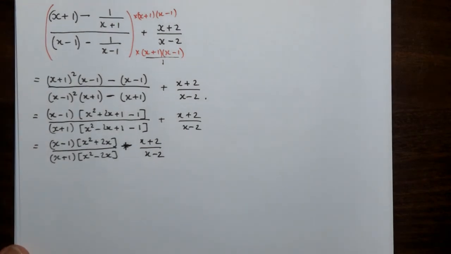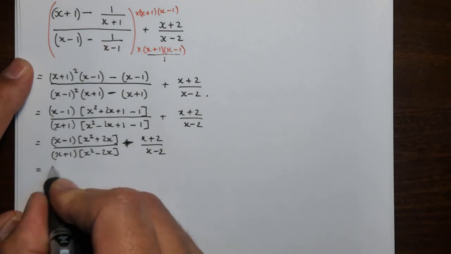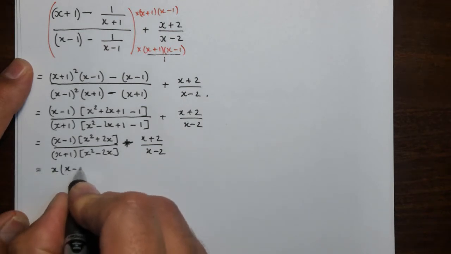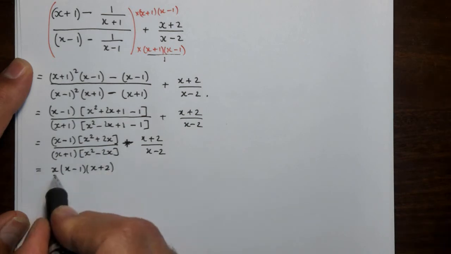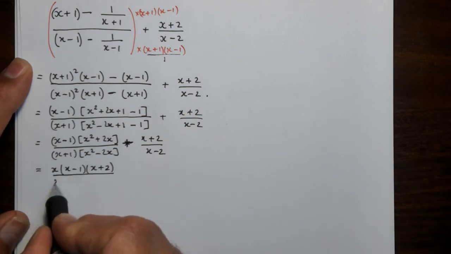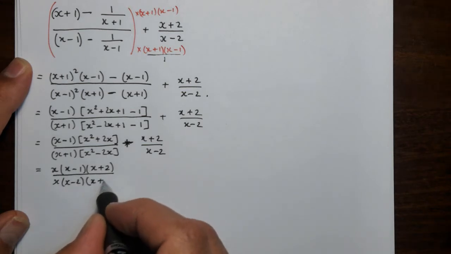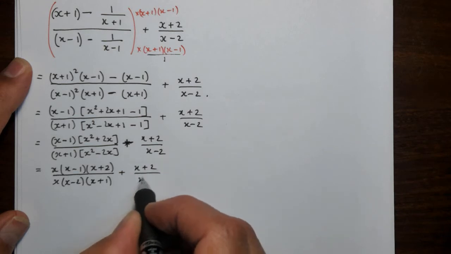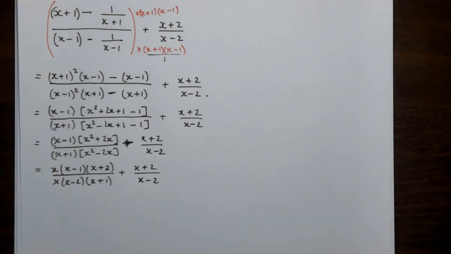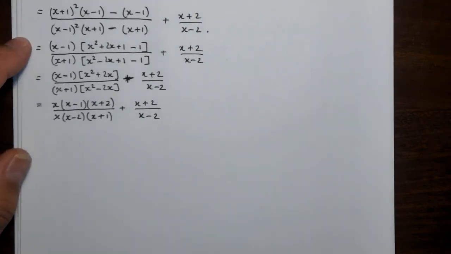Now you can see if I factorize this lot, that is x times (x minus 1) times (x plus 2) over, this factorizes as (x minus 2) times (x plus 1), plus (x plus 2) over (x minus 2). Again, I'm telling you, this comes from the classroom maths book, the old edition, grade 10.